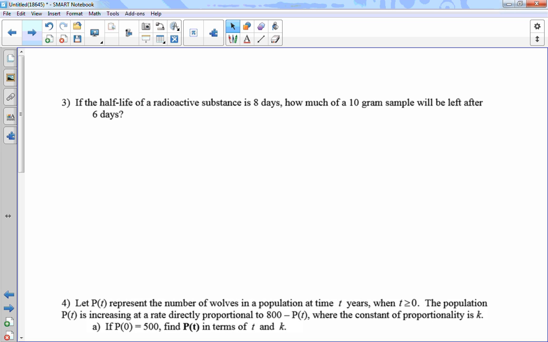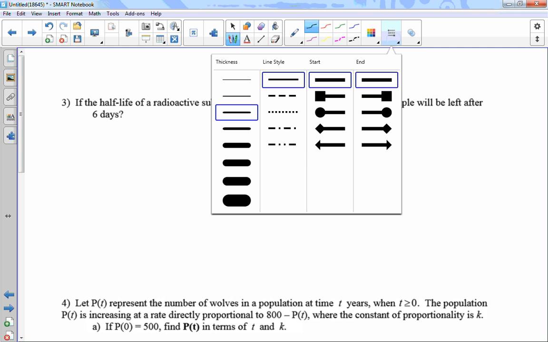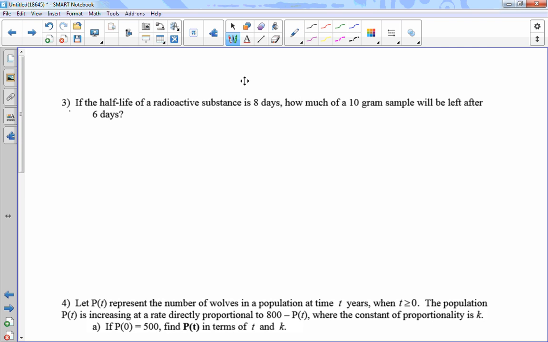Okay, so if the half-life is 8 days, how much of a 10-gram sample will be left after 6 days? What did you do? Okay, what did you say? 1/2.